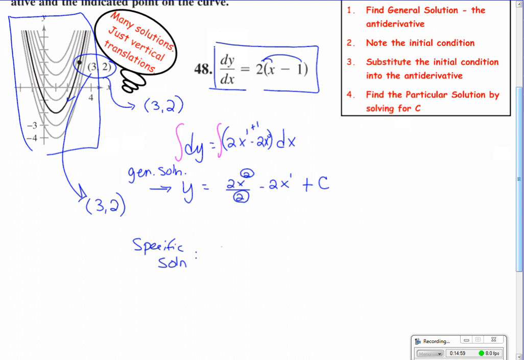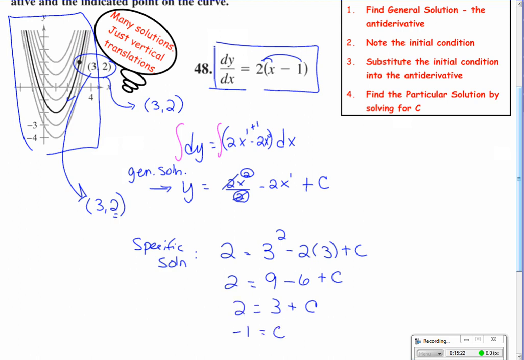And I'm going to put in 2 for my y, and then I'm going to put in 3 for my x. So I have 3 squared minus 2 times 3 plus c, and that allows us to find c. We'll have 9 minus 6 plus c. C plus 3 equals 2, subtract 3, and we're at negative 1 equals c.